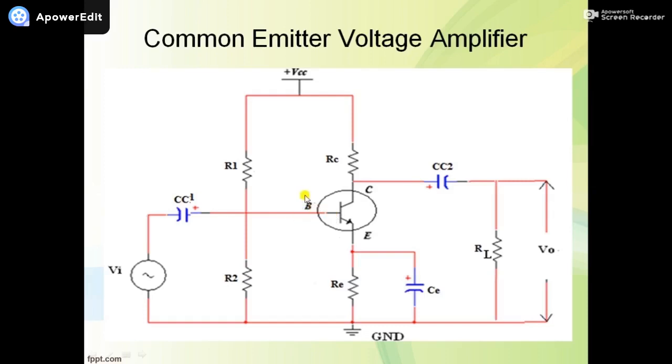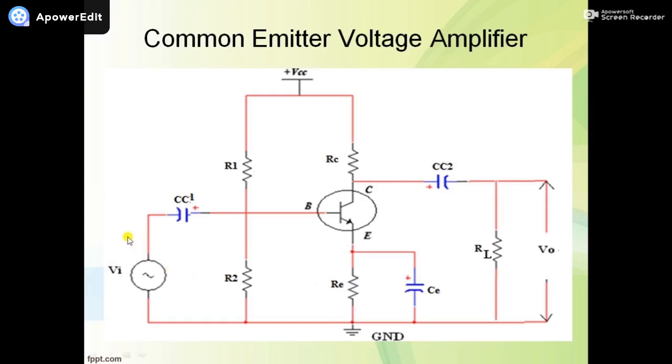When the base current increases, the current IC flowing through RC at the collector side also increases. At that time we get some part of the output signal. This is during the positive half cycle of the AC input signal.